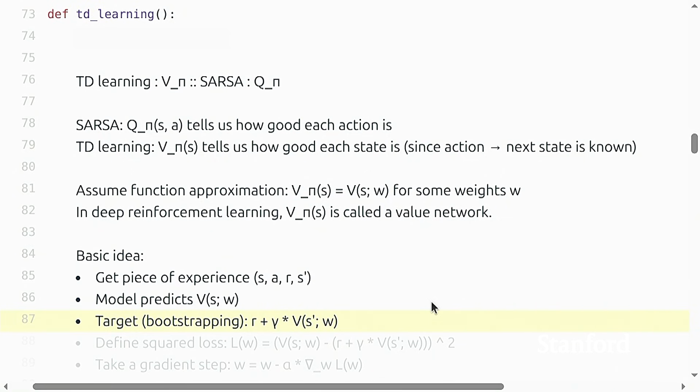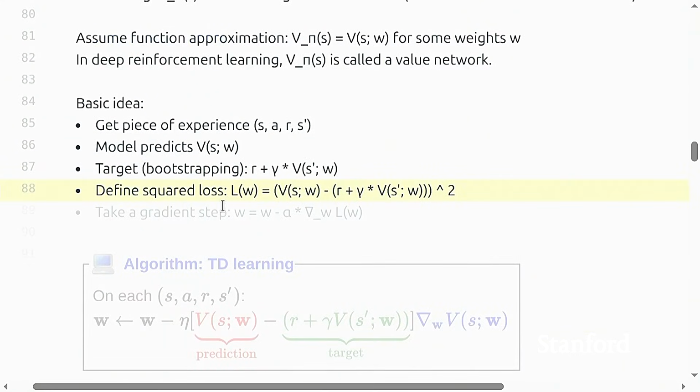So this is very similar to Q-learning. It's just you have V's instead of Q's. And now I don't need an a prime because this is just a value function, not a Q function. To move the model's prediction towards the target, I'm going to define a loss function.